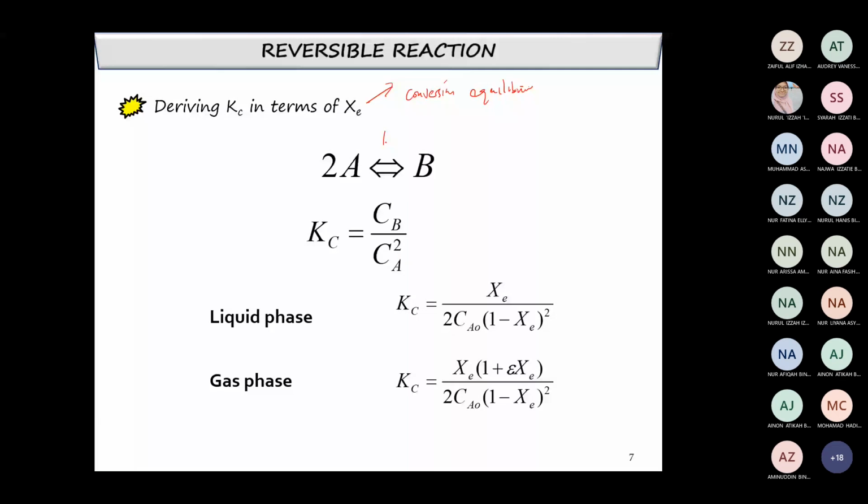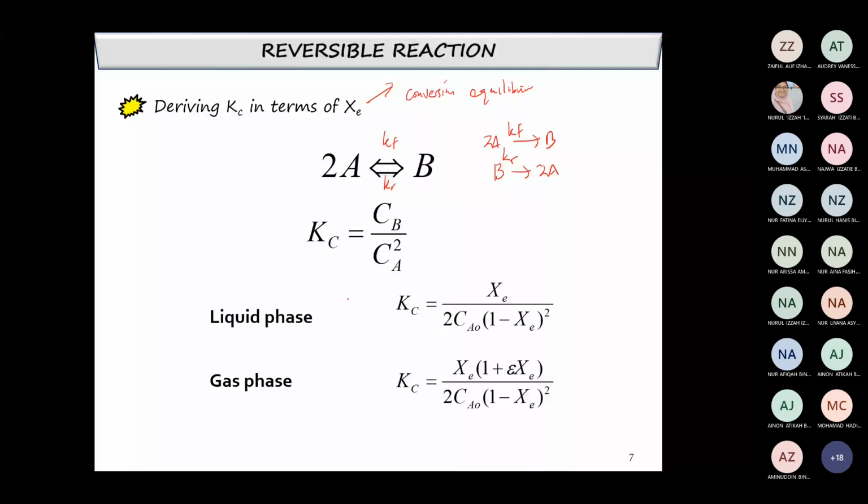Okay, so 2A to B is the KF. Okay, and then we have a B to 2A is the KR. Okay, macam tu. Okay, so KC is equal to CB over CA squared. Okay, so KC is CB over CA squared untuk constant liquid phase. Okay, ni nanti akan derive after this ya.